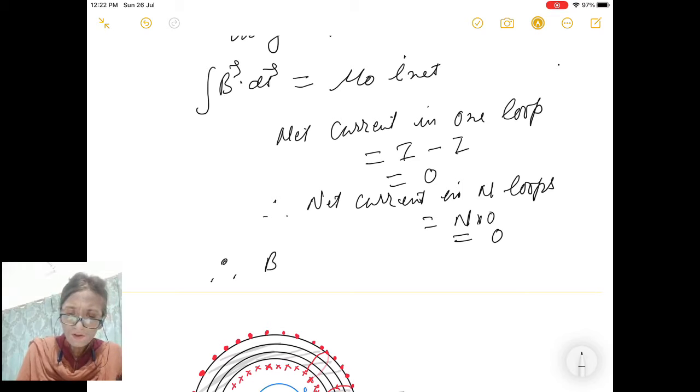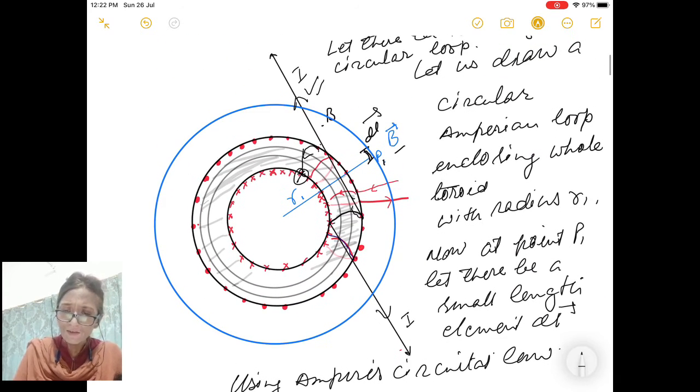Therefore, in B dot dl, if you integrate the dl length element, then the total sum of dl will be 2 pi r1. But B is a constant. We know that at equal distances from the wire, B remains constant.